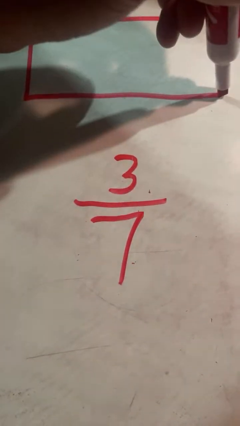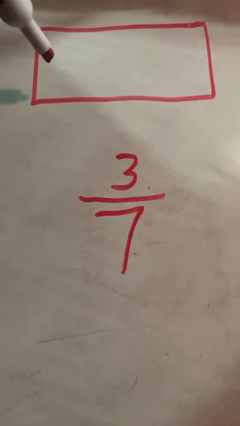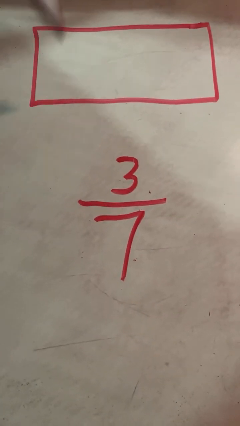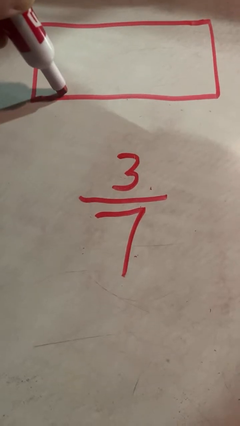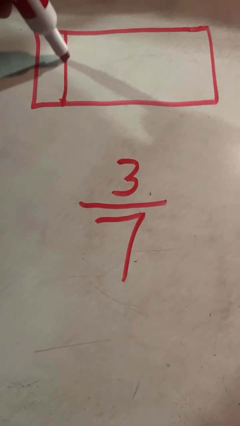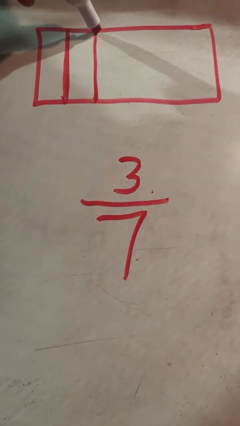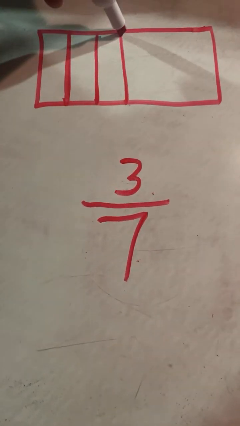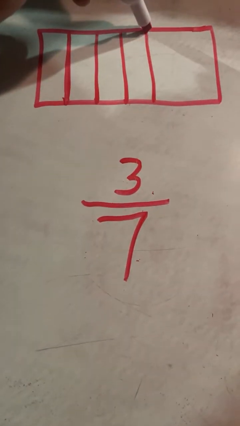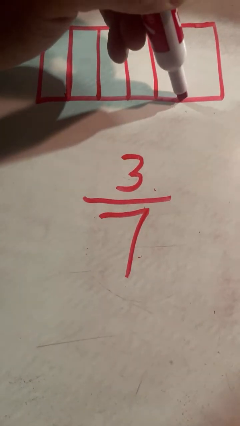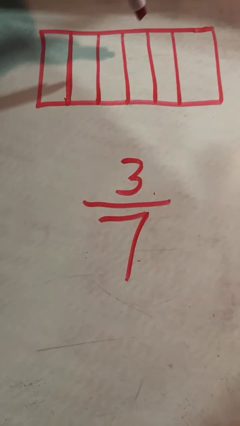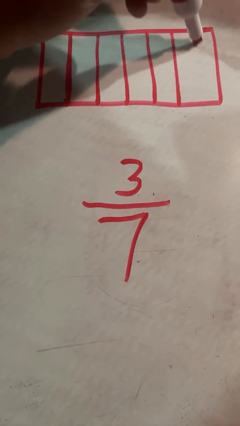3/7. Making a fraction model that represents 3/7. So that would mean I need 7 total parts. Now this might not be drawn exactly to scale, but the parts, they're supposed to be equal parts. So I'm going to try to make them as equal as possible. So that's 1, 2, 3, 4, 5, 6, 7.